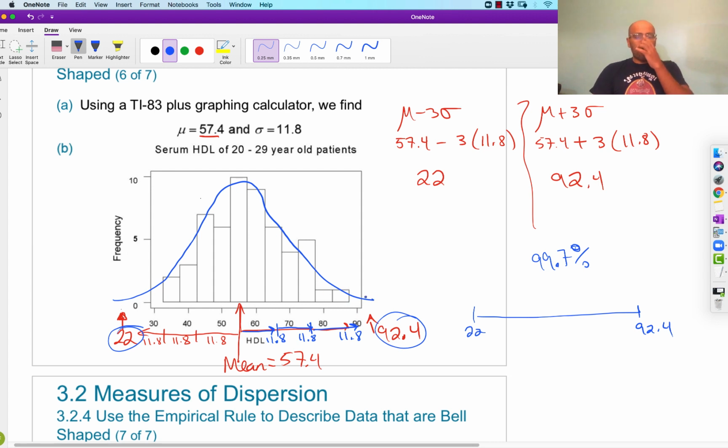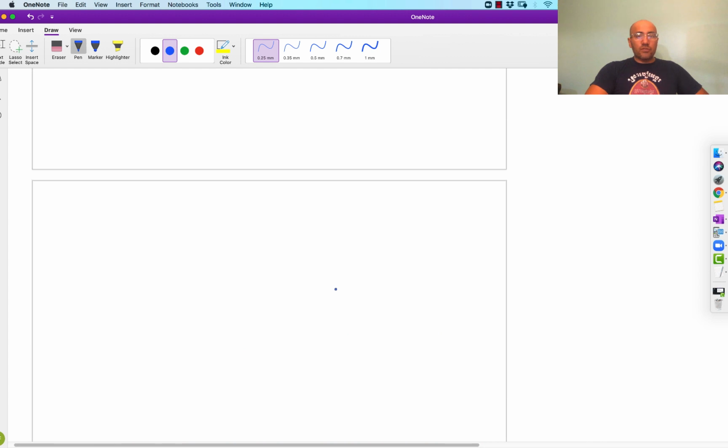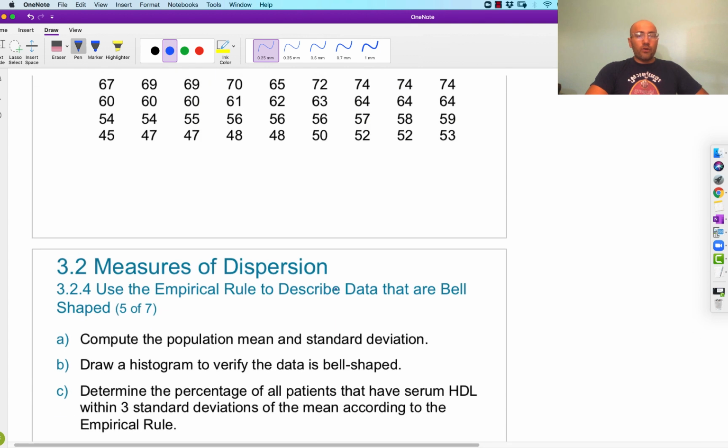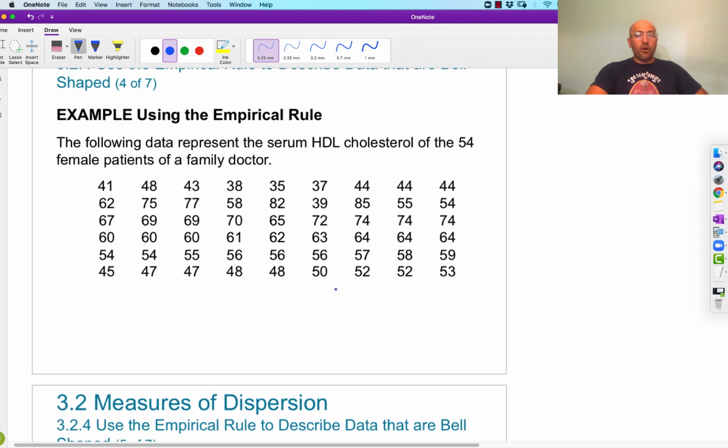So what we could do is physically go through our numbers and see if any of them are below 22 or above 92.4. Are there any values that are really big or really small? I don't think there are any.